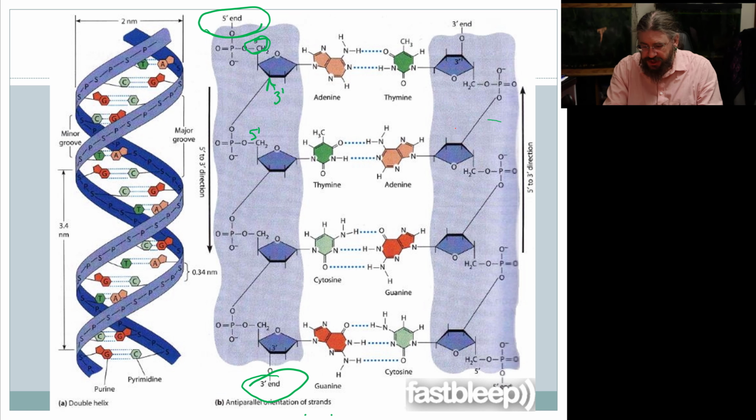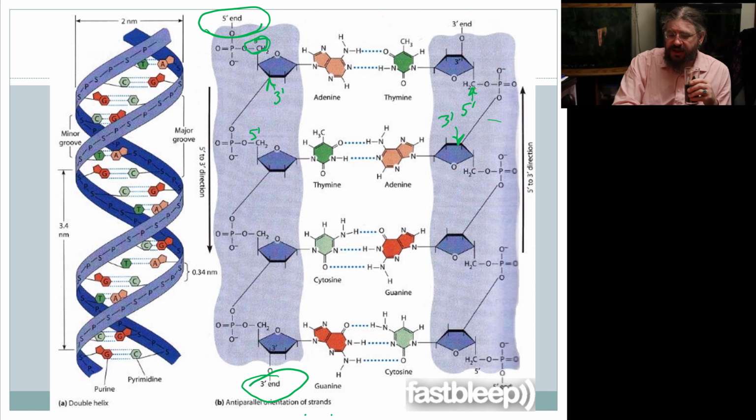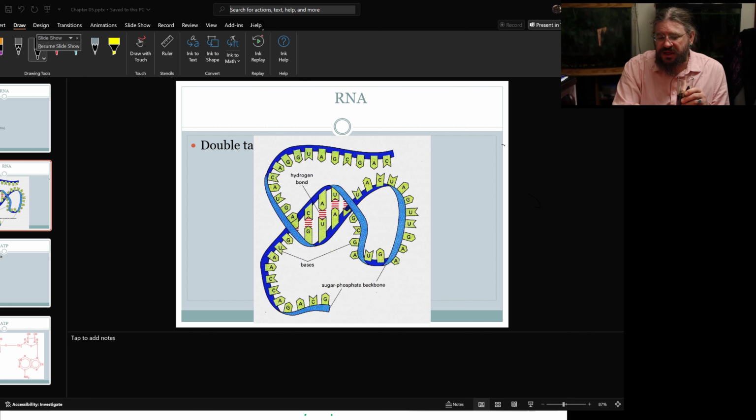All right, so here's a 3' carbon. And there's a 5' carbon. Not too terrible. So 5 to 3 because the 5' end is the terminal end there.